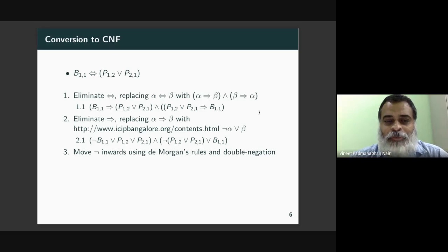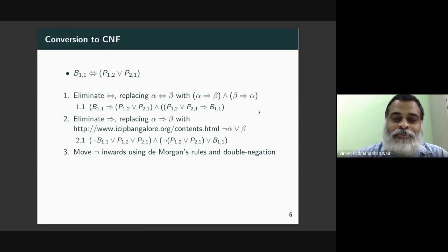Can somebody tell me the next step? Any idea? Because you need to have a conjunctive normal form in the end. That is a conjunction of disjunctions. Yes, this is a conjunction of disjunctions, but with three clauses.